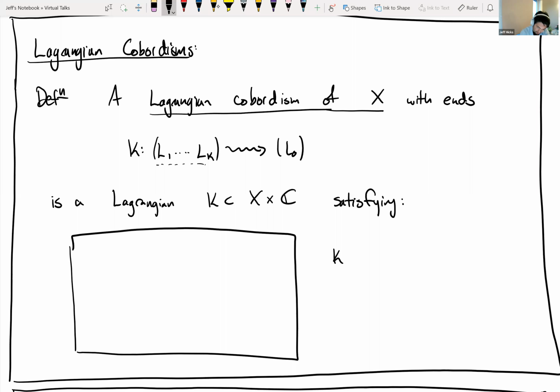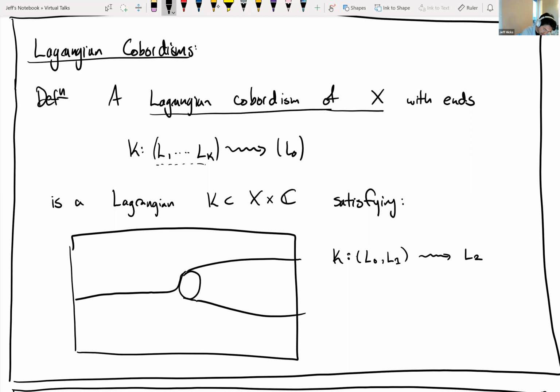An example of a Lagrangian cobordism between, say, L0 and L1 to L2 would be a Lagrangian submanifold K inside of X cross C. Here I've drawn the projection of K down to the C coordinate, and we require that at the ends of C, my Lagrangian cobordism looks like L2 cross R, L0 cross R over here, and L1 cross R over here.